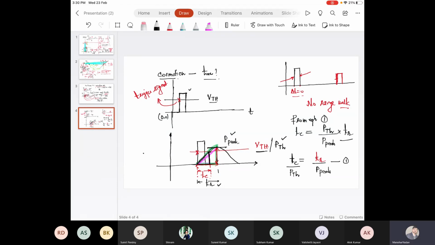At what time this peak level is achieved, this TR time, is known. So P peak is known, TR is known, and PTH is already chosen before the analysis. PTH is the fixed threshold value. So when this signal is received at the receiver, you just need to identify at what particular TR time this P peak is achieved. PTH is already known, so you can calculate TC.